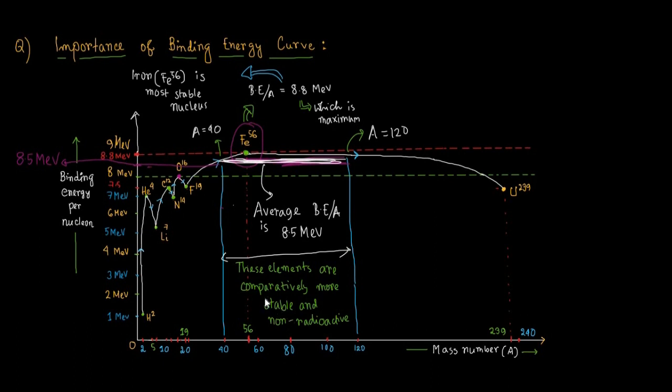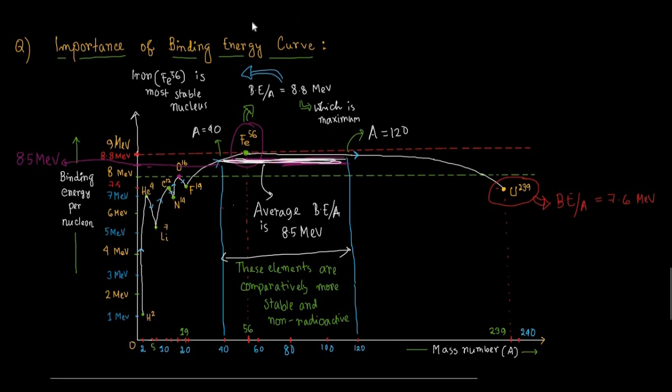Now, if we consider uranium 239 or uranium 235, the average binding energy per nucleon is 7.6 MeV.